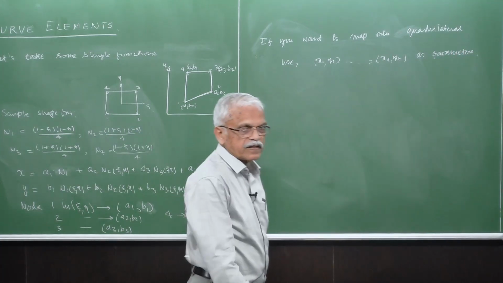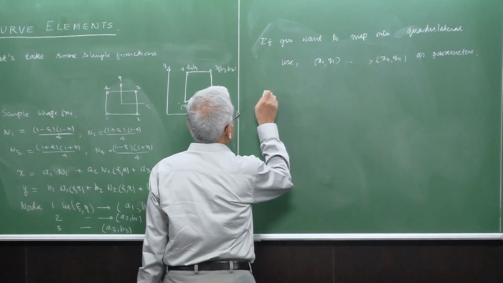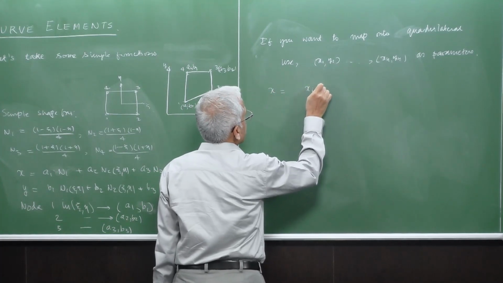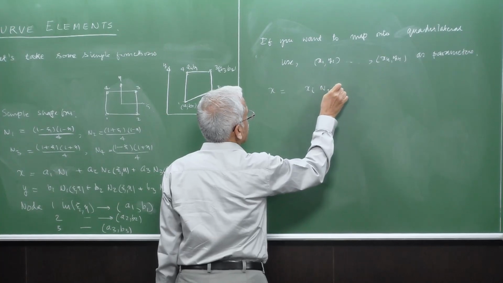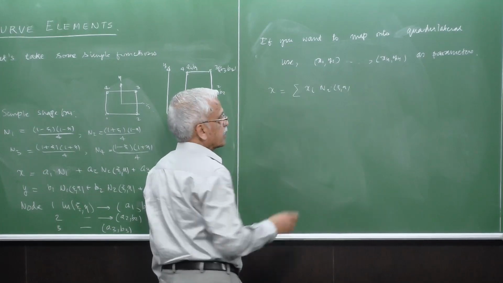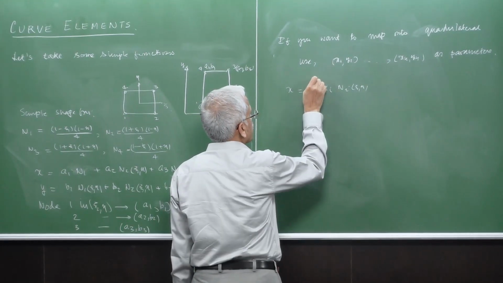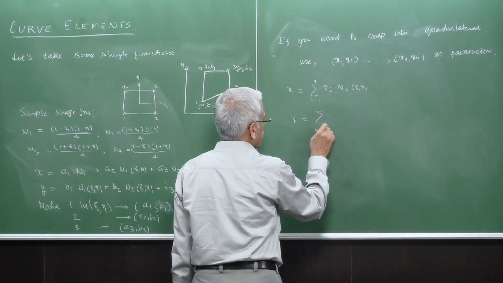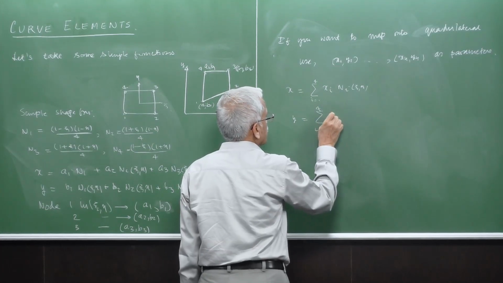So this is a very interesting fact here. That means your x here will be the sum of Ni xi, i going from 1 to 4, and y also similarly from 1 to 4.